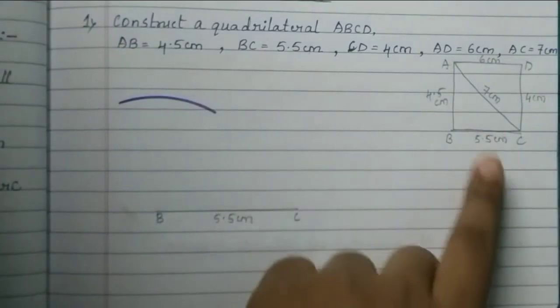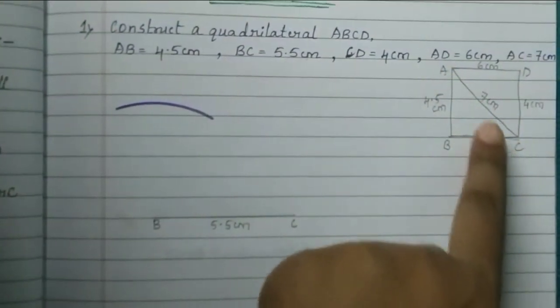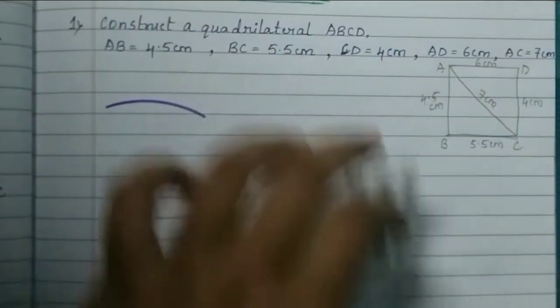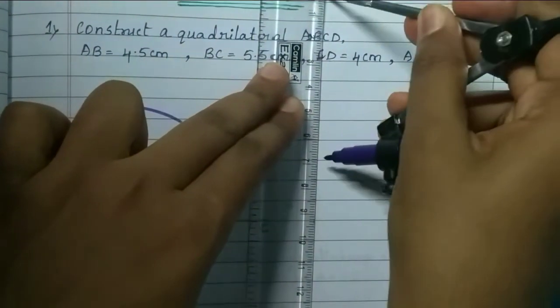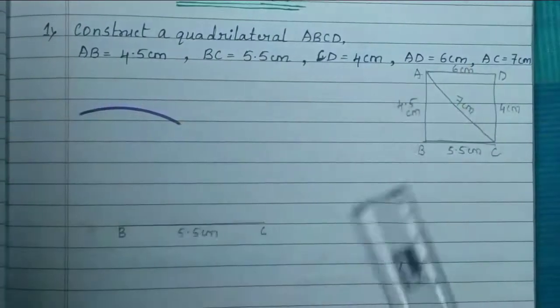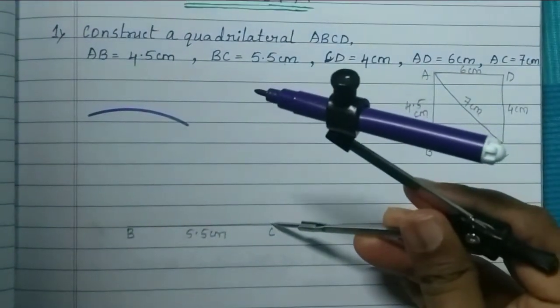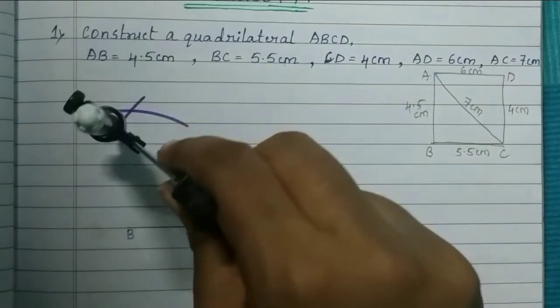Then we can see here that our AC is 7 centimeter. So again take the distance of 7 centimeter here. Now keeping the point at C, cut an arc.